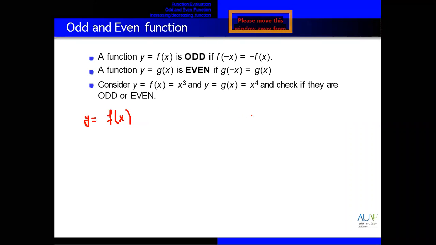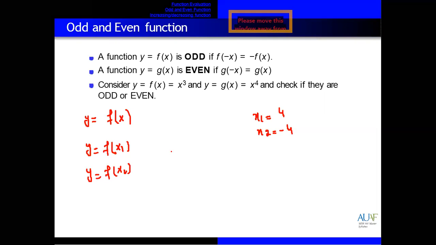When we select two values like x1 and x2, for example, if x1 is 4 and x2 is minus 4, one is plus, the second is minus, and you put the values in the main function, y is equal to f of x1 and also y is equal to f of x2.